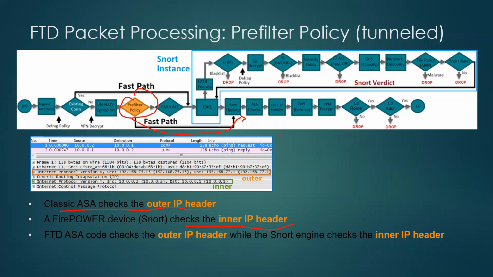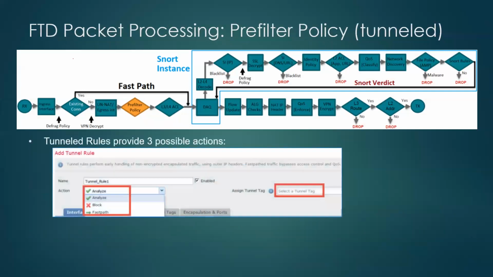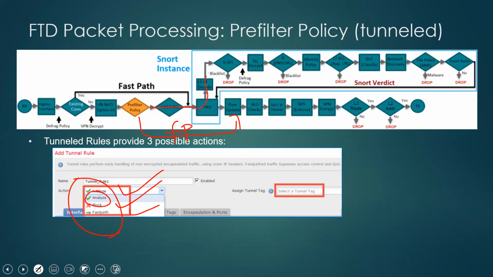But that is not 100% right, because while creating the rule in these pre-filter policies, we have the option of analyze, block, or fast path. Only when you use fast path will it bypass the Snort inspection. If you block, it will block everything, right? And if you use the option called analyze, then it will go towards Snort.